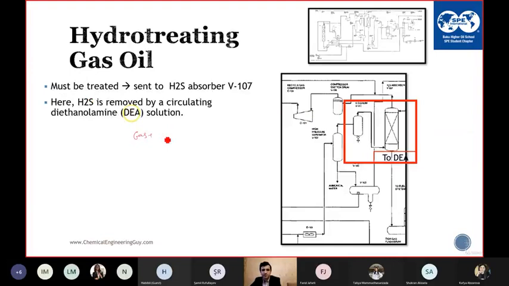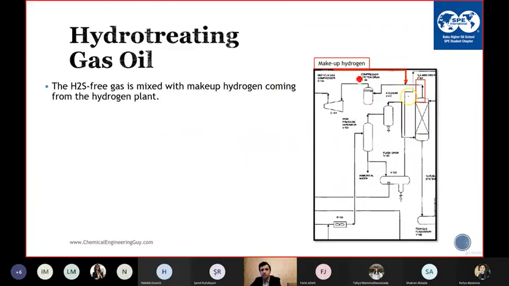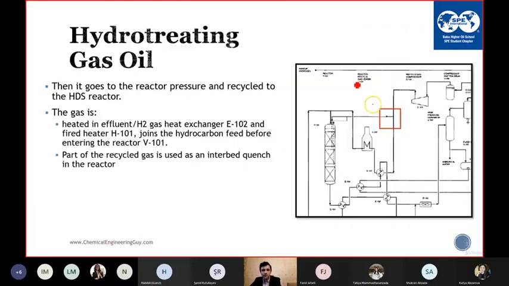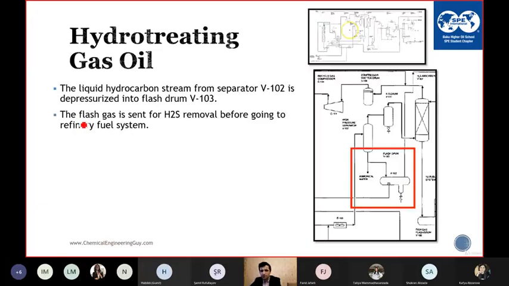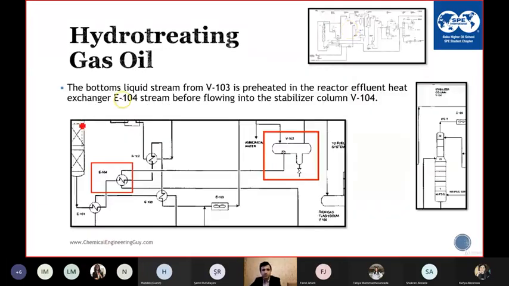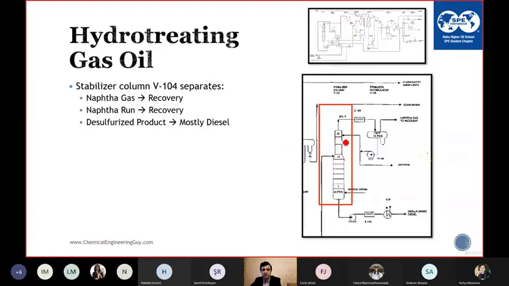So gases plus DEA, sometimes MDEA, diethanolamine or methyldiethanolamine, dissolves or absorbs H2S, so we clean the gases of H2S. Makeup hydrogen I talked about previously, and this is the HDS, meaning hydrodesulfurization. The three-phase separator I talked about, and this is the stabilizer column.